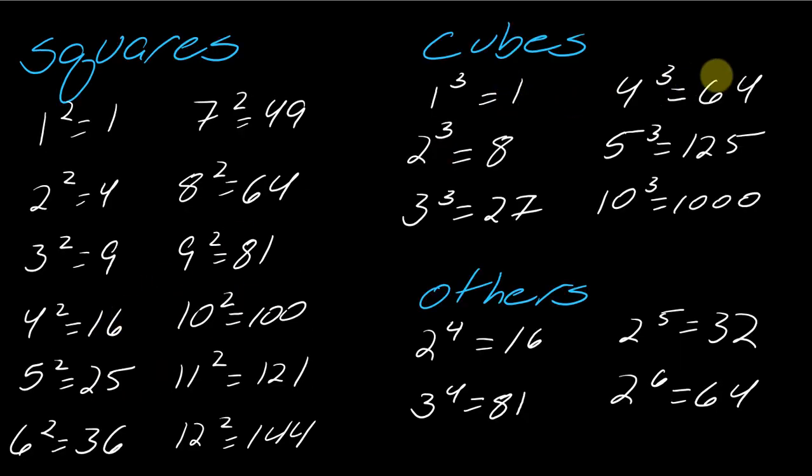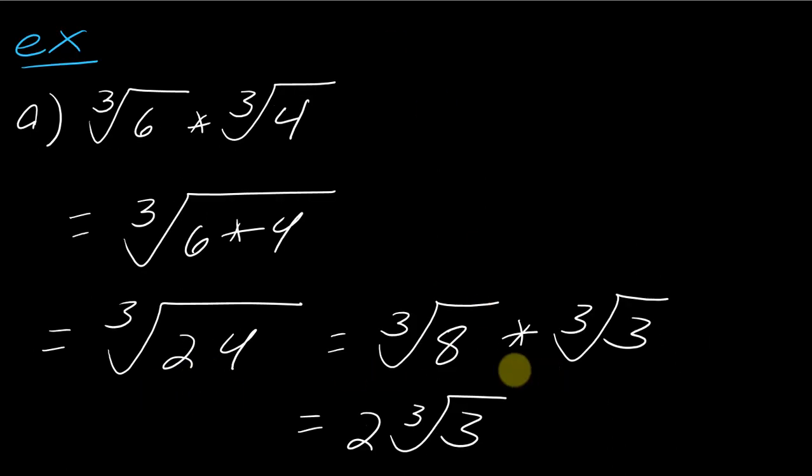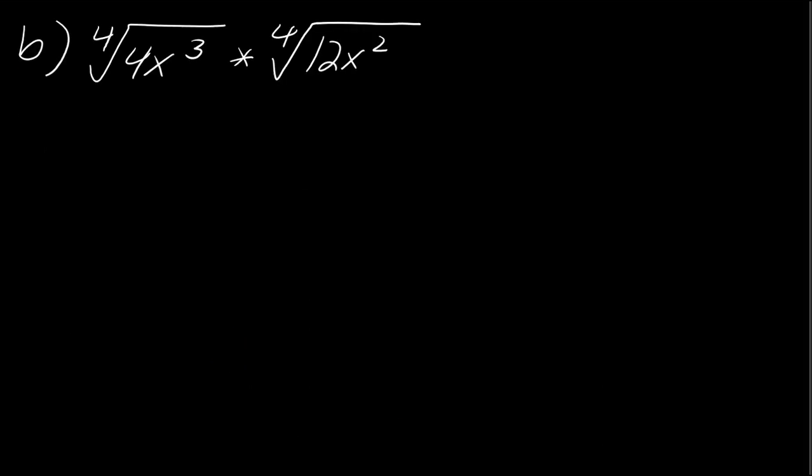Some people will just have the list of cubes in front of them. No problem. If that's what helps you get through this, then go ahead and do this. And you could always write this list pretty easily on a test. I've had some people where, for whatever reason, their brain just can't flip between the squares and the cubes, and they really benefit from the list. So you do you, make it work for you.